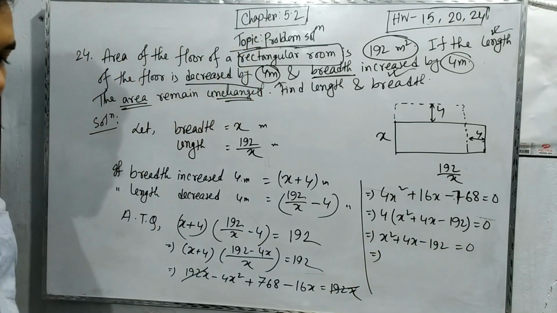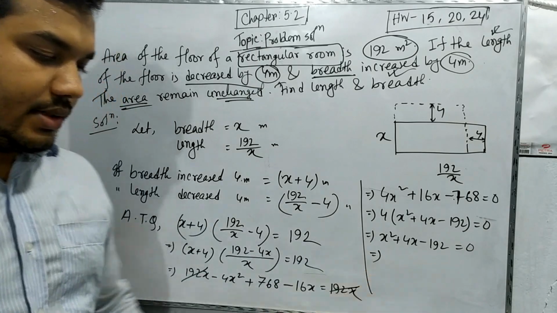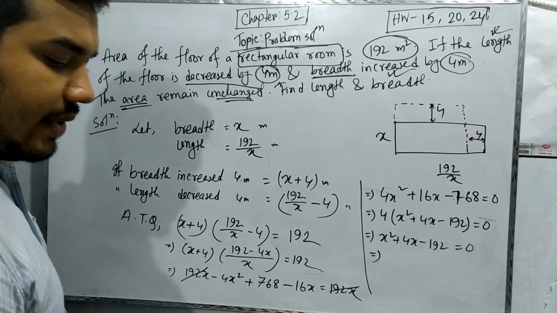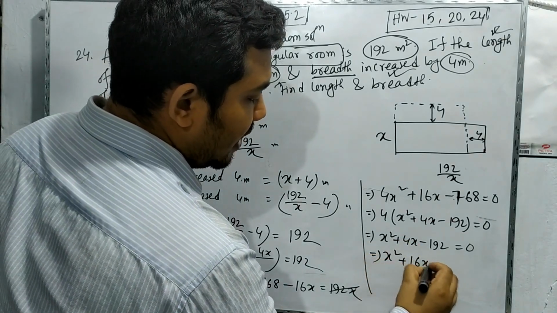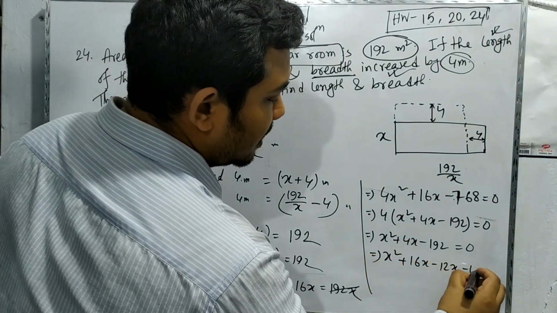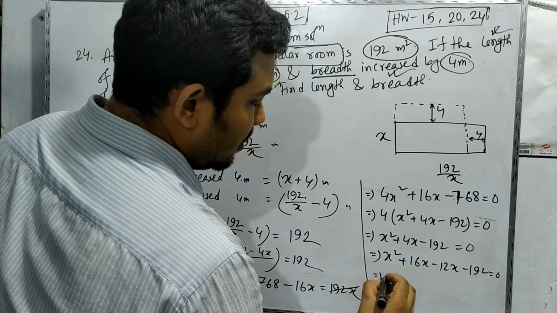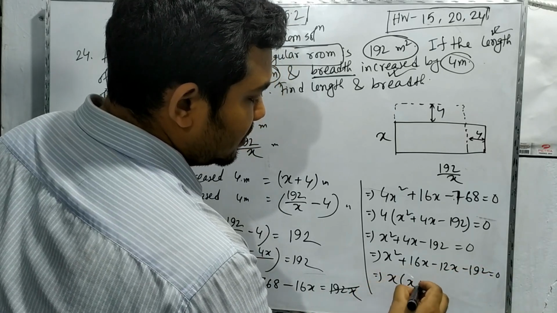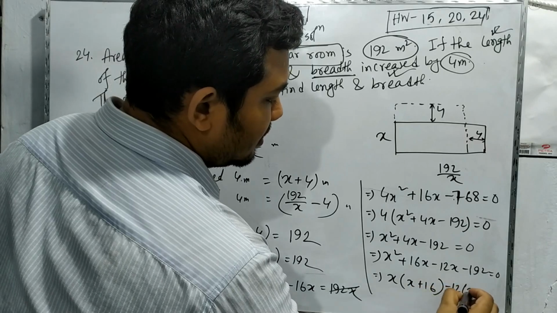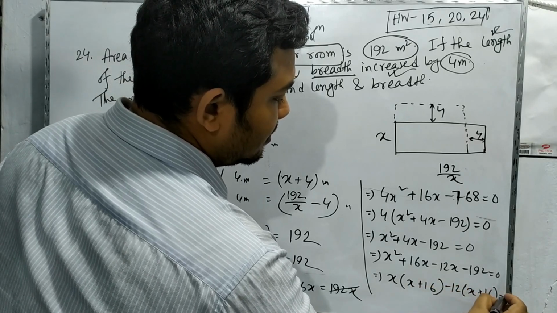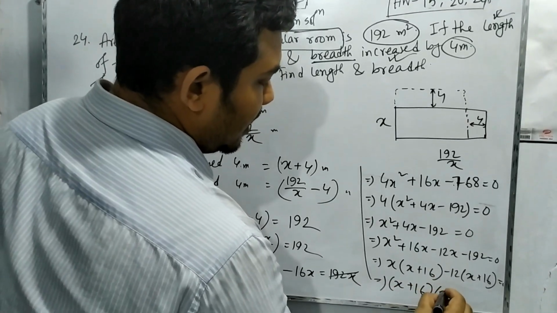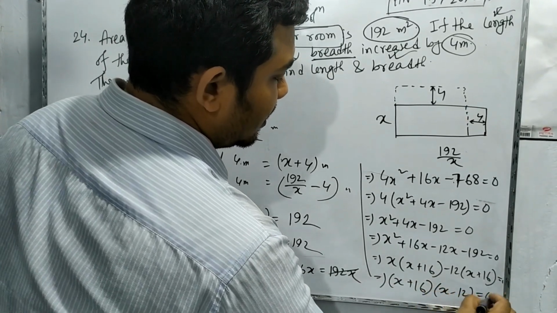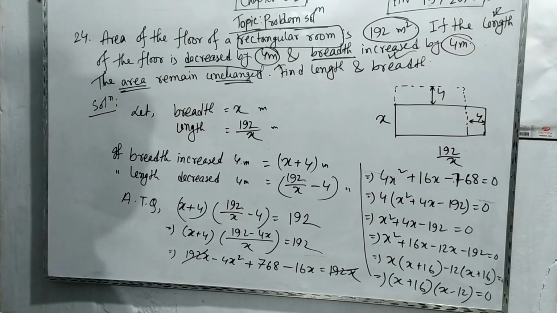Now if we go for 192 as the middle term split, then it will be 16 and 12. So x square plus 16x minus 12x minus 192 equals 0. So x plus 16 and x minus 12 equals 0.